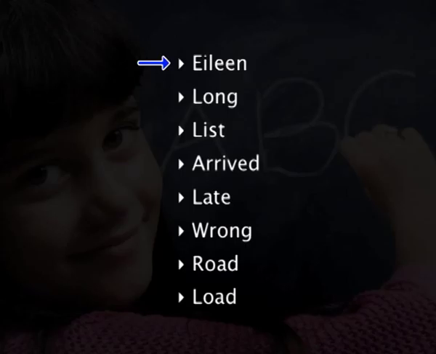What a terrible beginning. If you listen, this group has used words like Eileen, long, list, arrived, late, wrong, road, load.